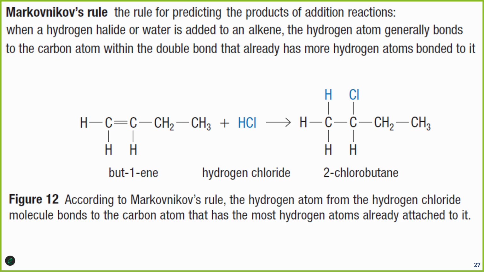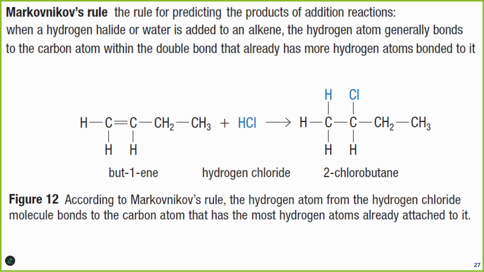So Markovnikov's rule applies to hydrohalogenation of both straight chain and cyclic hydrocarbons, which is shown here in figure 12. It also applies to hydration reactions.